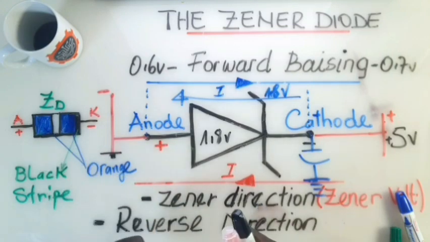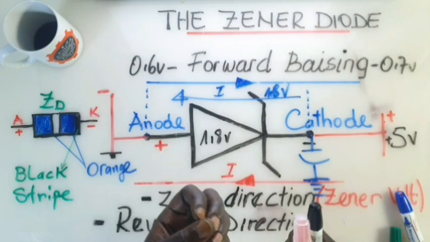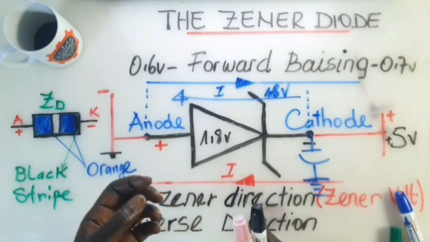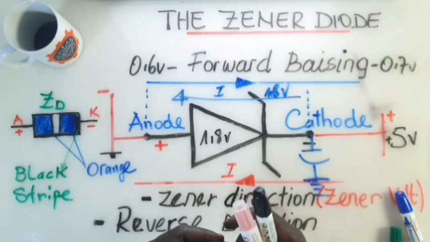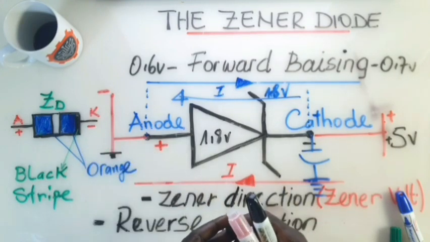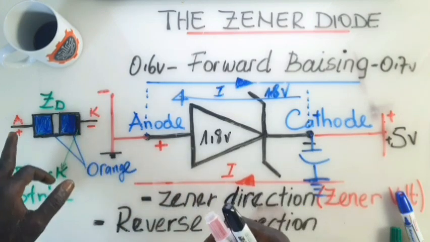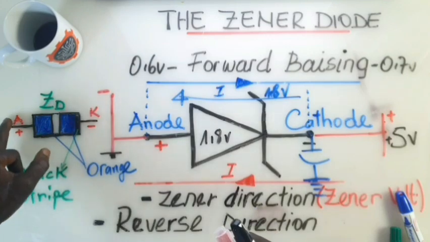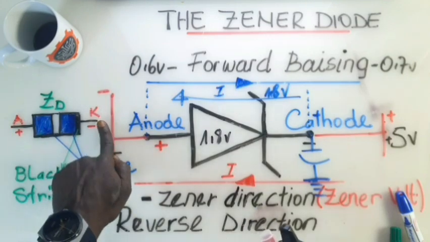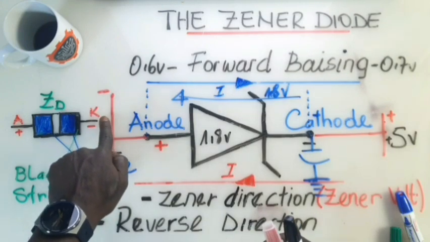If you see the component, e dey like glass, and the glass get an orange color, where at the end for the cathode tip we get a black stripe on it. So e get two terminals too, the positive and the negative, where here na the anode and here na the cathode. Sorry, this K means cathode.